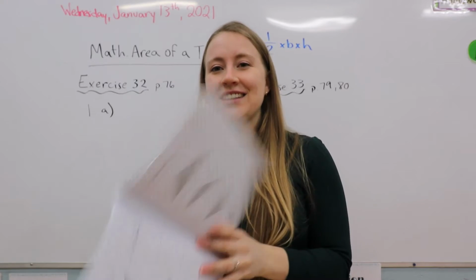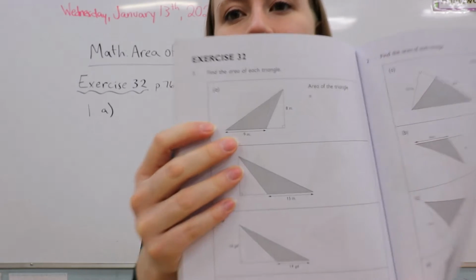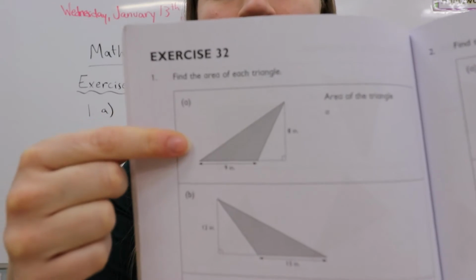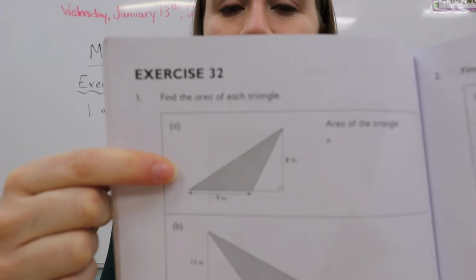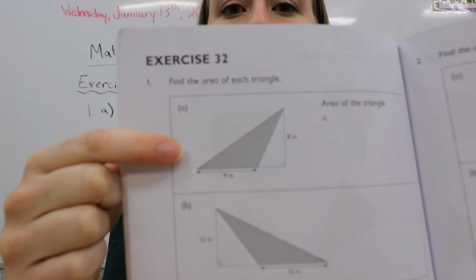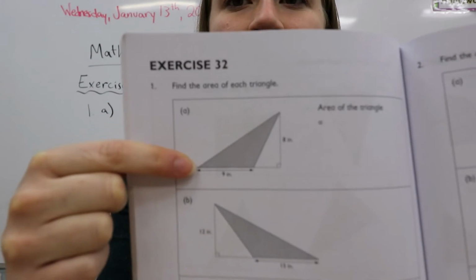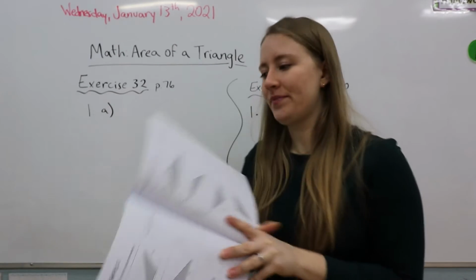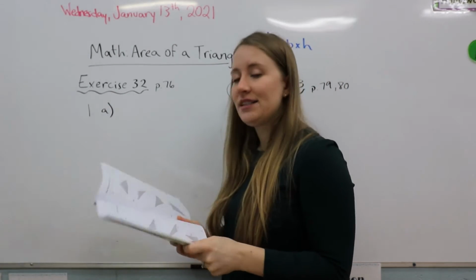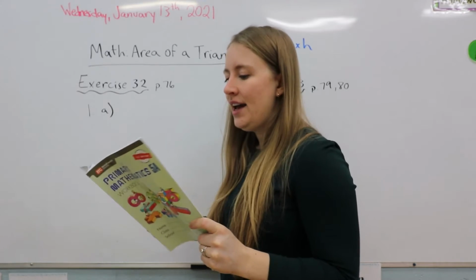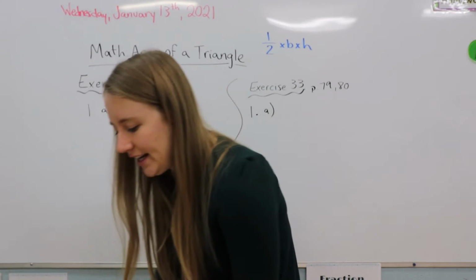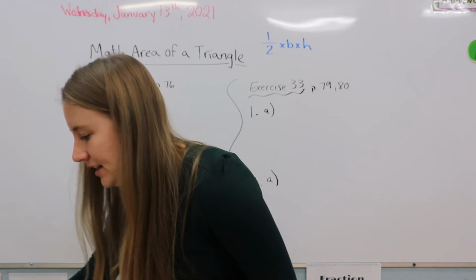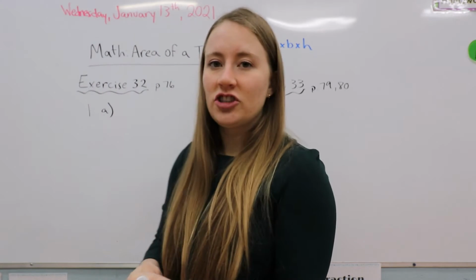Okay, so let's start with exercise 32. This is 1A, and I'm going to answer this question. I didn't draw it on the board, so make sure you're looking in your workbook to see our triangle. It says find the area of each triangle, and it gives us our base and our height: 9 inches by 8 inches.